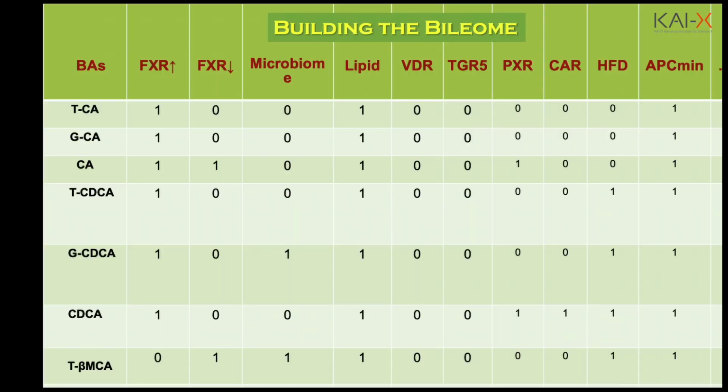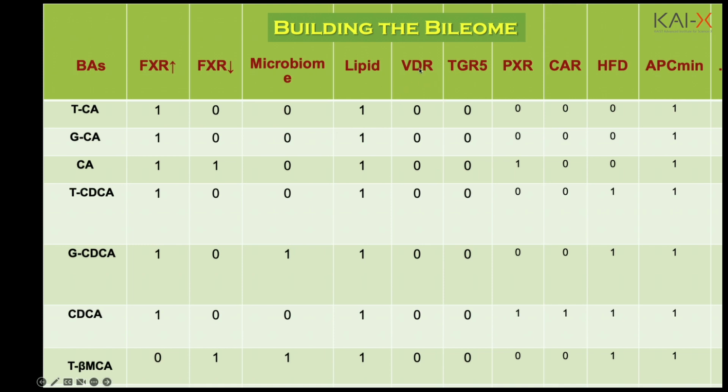And so one way to begin to think about classifying these, this is very simple, is taking the known bile acids, let's assume here on the left, and simply stacking up: are they activators of FXR? Are they repressors of FXR? Do they have any activity at all? Do they impact the microbiome? Are they changing lipid production?